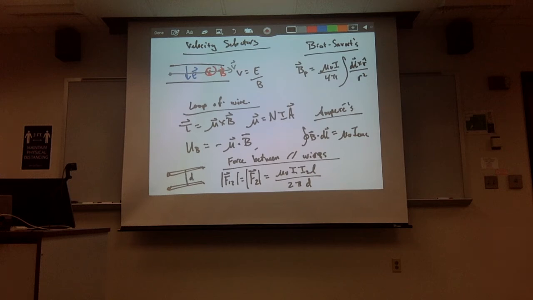So this is my distance. From here, what we found was that if the currents are in the same direction, that's an attractive force. But if the currents are in the opposite direction, that manifests itself as a repulsive force. And that's it for chapter 29. That was basically everything we did.